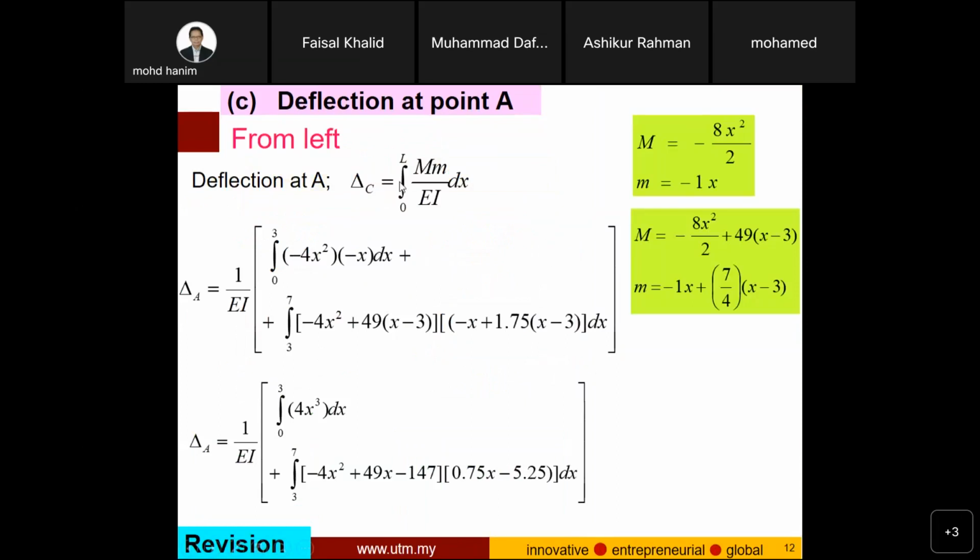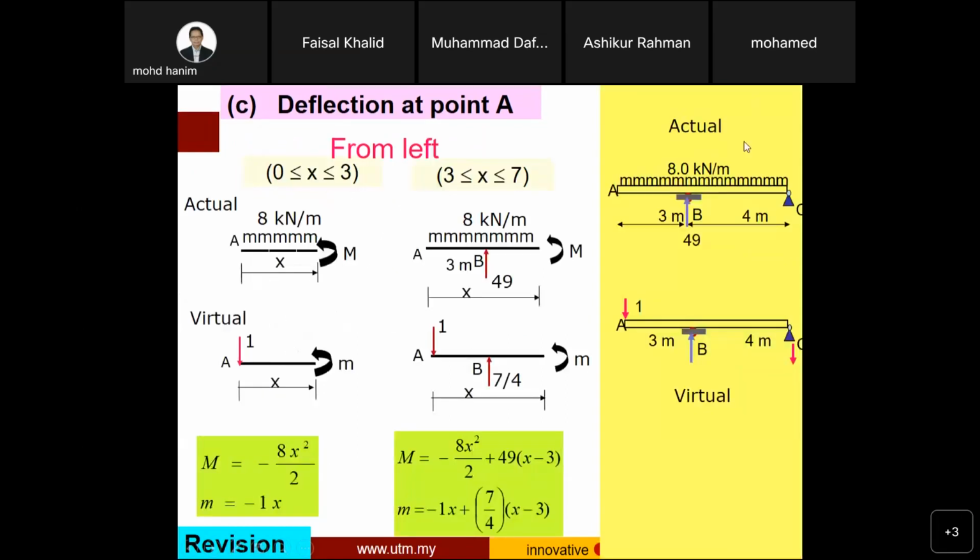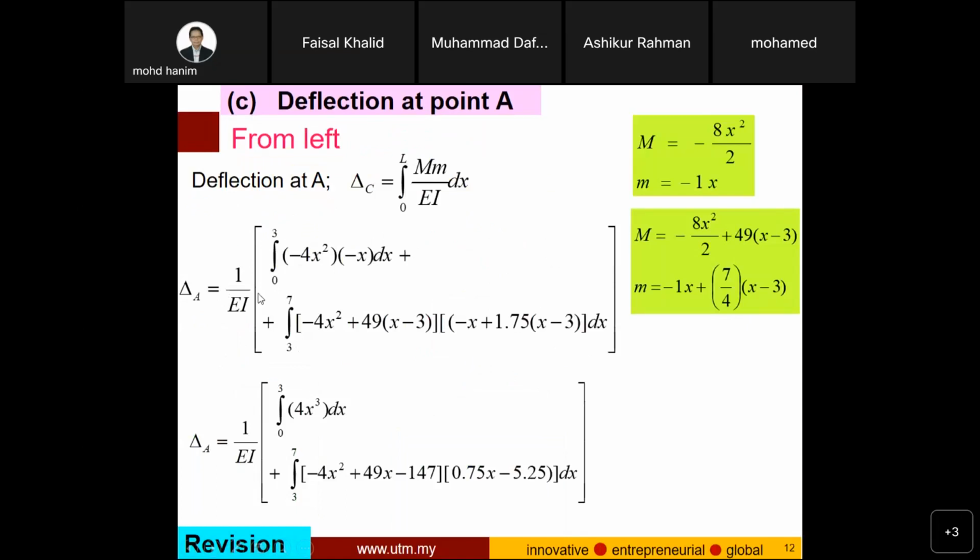Now you apply the formula for deflection for each segment here. This is for 0 to 3, and this one for 3 to 7. So solve this equation.